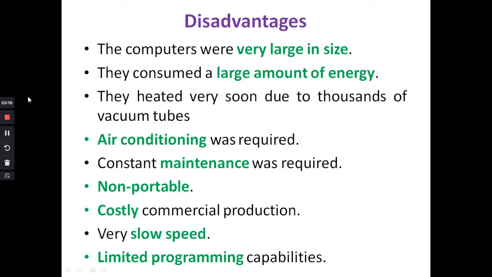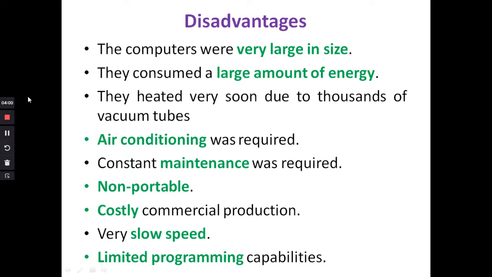What are the disadvantages? These computers were very large in size, so they required a lot of power and energy to work. The vacuum tubes also got heated and had to be changed if they burnt out. Vacuum tubes make a lot of heat, so air conditioners were used to reduce it. They were also so huge that they could not easily be carried from one place to another.